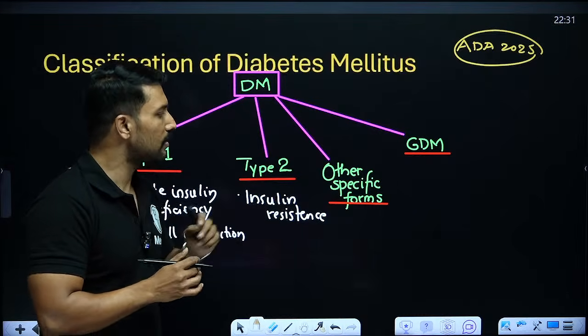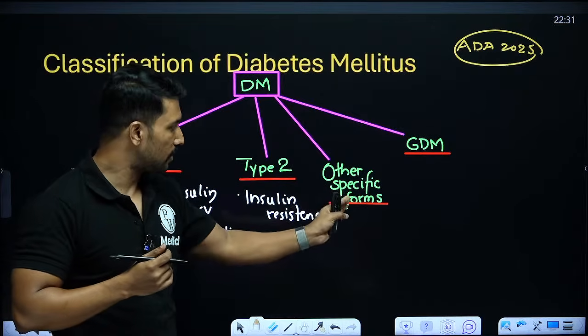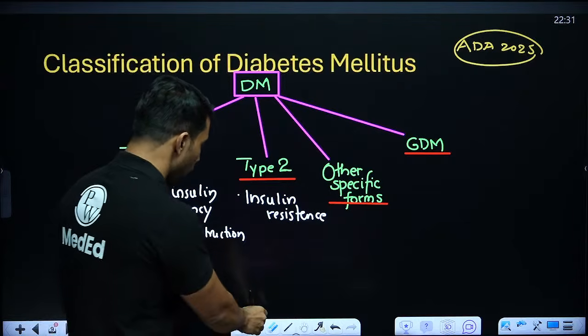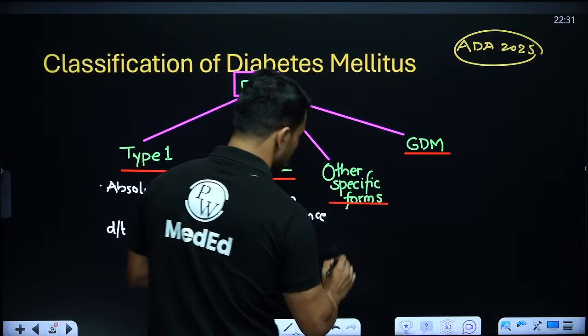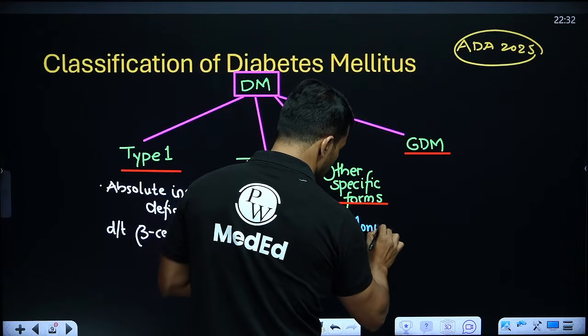Then what comes under other specific forms? There is a long list of diabetes that comes under these other specific forms. What I want you to remember here is, first, monogenic forms.